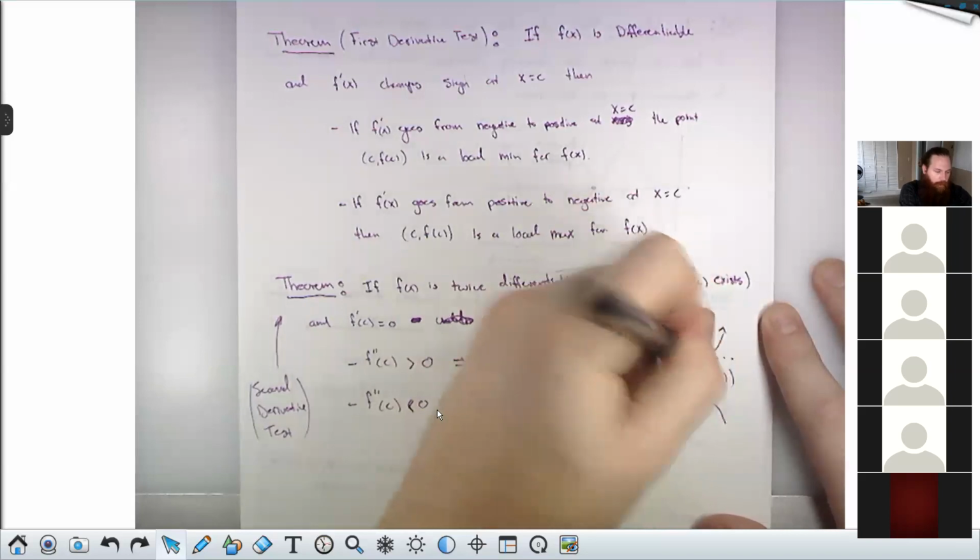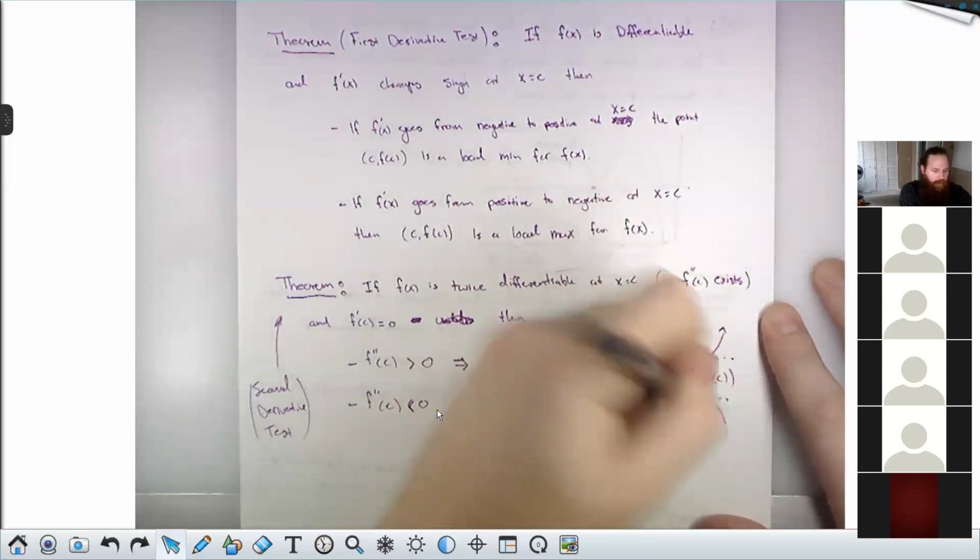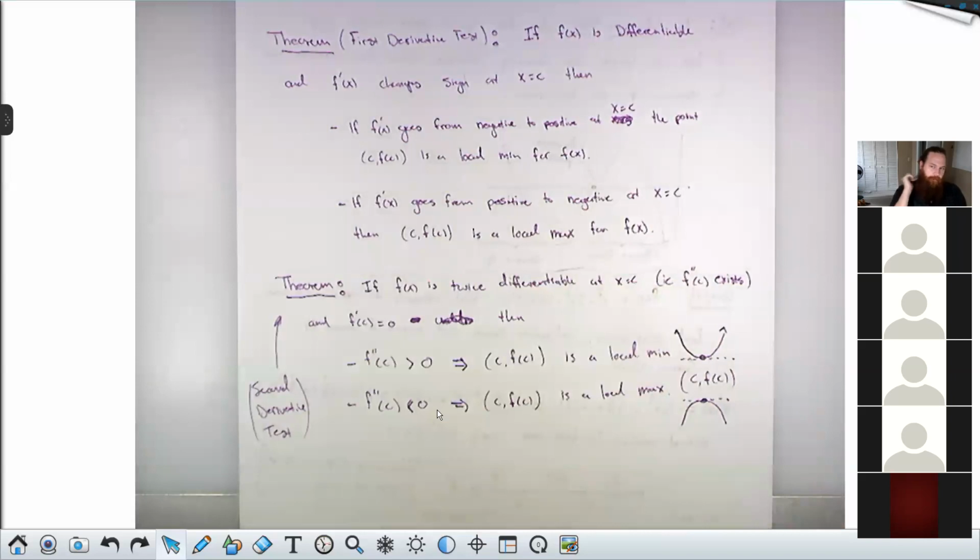Right? So if f prime is 0, that means the tangent line there is horizontal. And if you have a horizontal tangent line and you are concave up, then that's got to be a local min. And the way to check to be concave up is if f double prime is positive. If you have a horizontal tangent line and you are concave down, then that's got to be a local max.